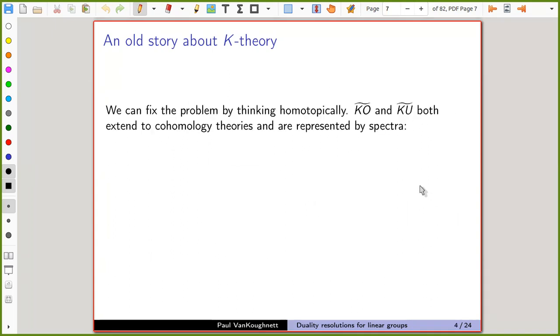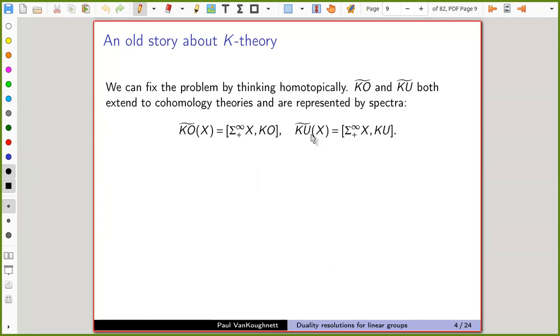We can fix this problem by thinking more homotopically. As we now know, both of these functors are represented by spectra. There are spectra KO and KU, such that the KO theory and the KU theory of a space X are maps from the suspension spectrum of that space into these two spectra. Once we realize that, we'll remember that these are actually cohomology theories.